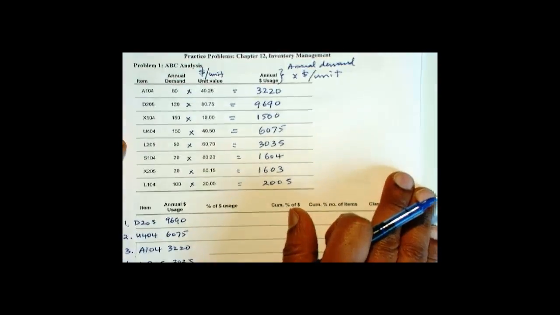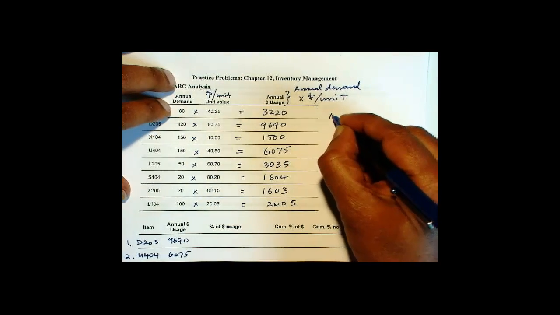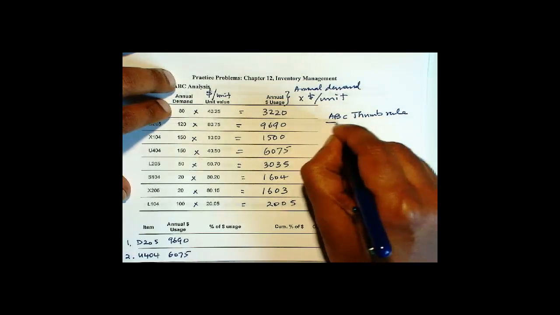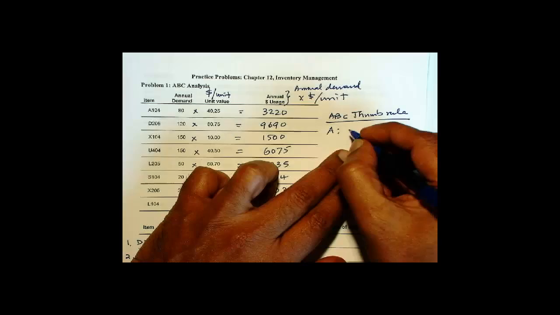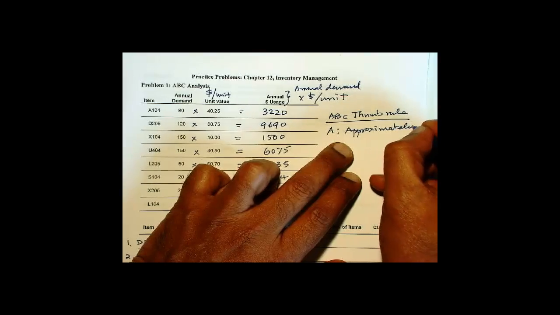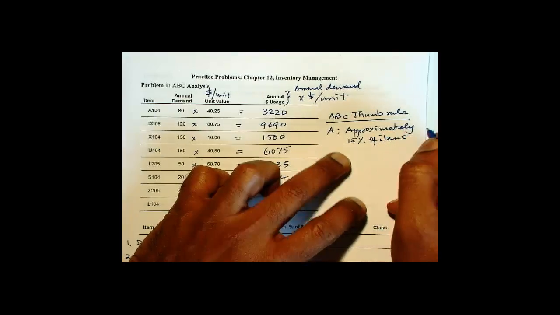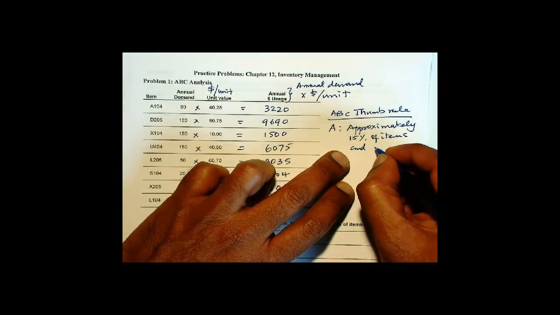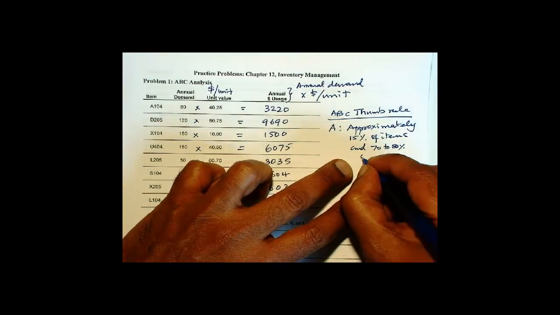And let me write the thumb rule here, and remember this is only a thumb rule. Okay, this is not hard and fast. So the ABC thumb rule. Class A is approximately 15% of items and 70 to 80% of dollar volume.